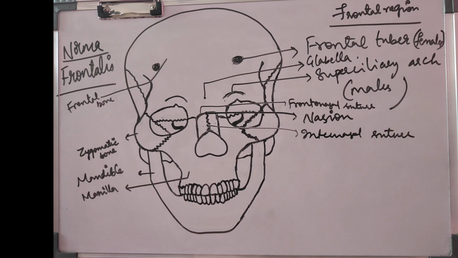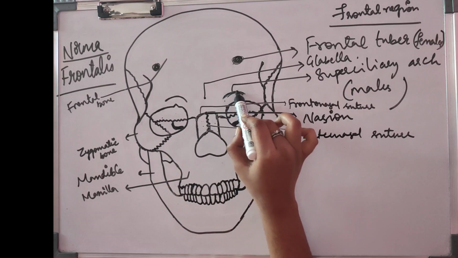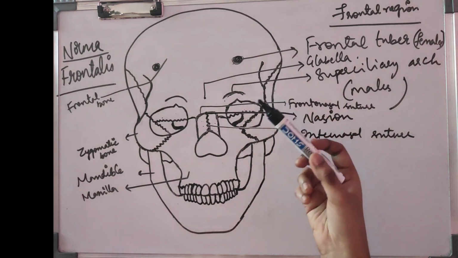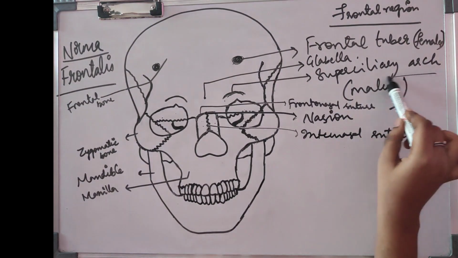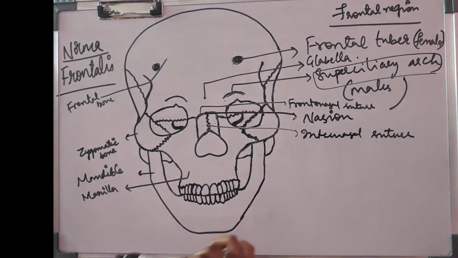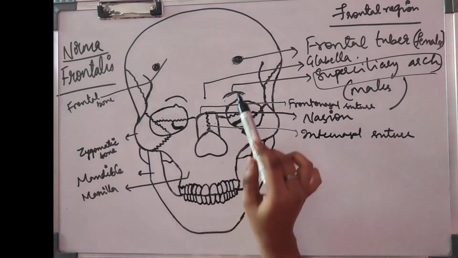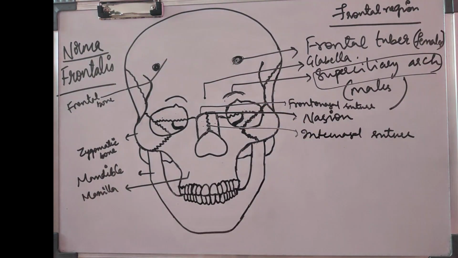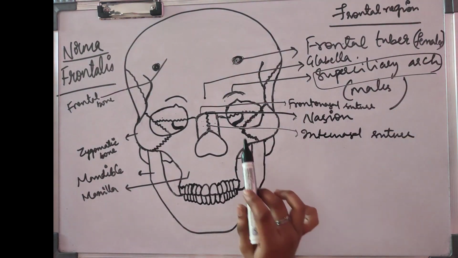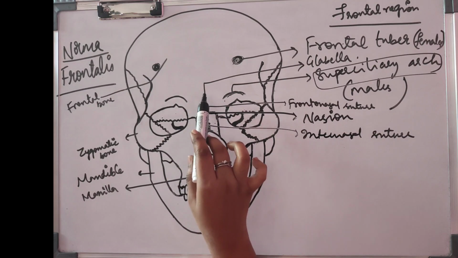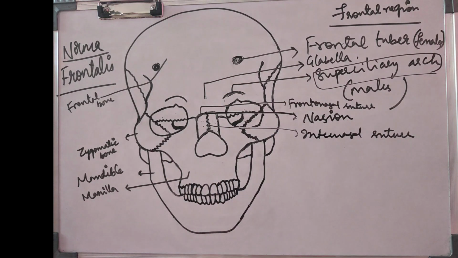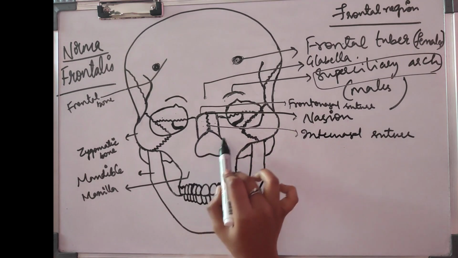So in the frontal region, we can find one curved elevation above the medial part of each orbit, and those are known as the superciliary arches. And above the superciliary arch, one more rounded elevation is known as the frontal tuber, and between these two superciliary arches, one median elevation is present that is known as glabella, and this is the nasal bone.